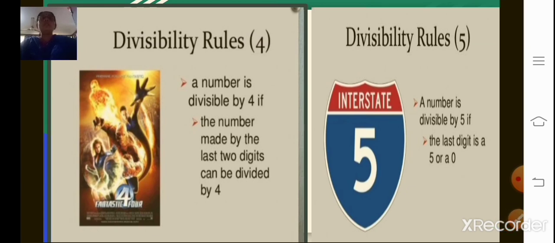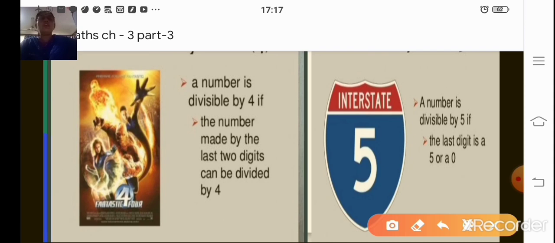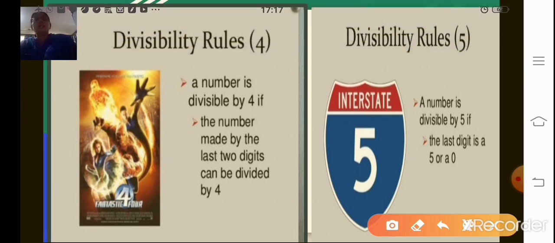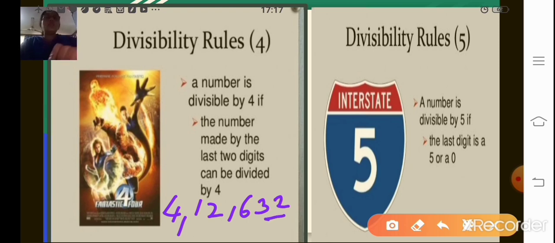Now let us come to the next, divisibility by 4. A number is divisible by 4 if the number made by the last two digits can be divided by 4. Suppose I take the number 412,632. The last two digits, 32, are easily divisible by 4.